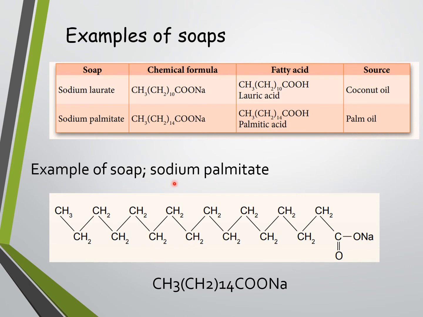Example of soap, we have sodium palmitate, the second one. So this is the longest continuous chain, the carbon and hydrogen, the R. It is written as CH3, CH2 14, COONa. This is the functional group.